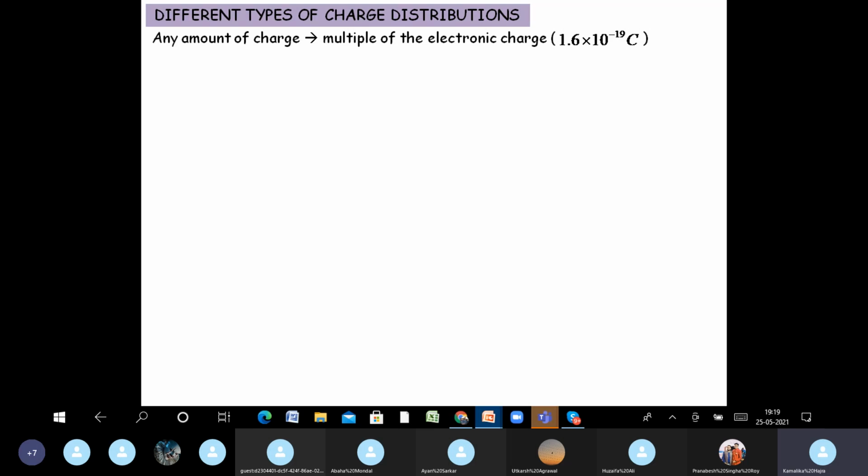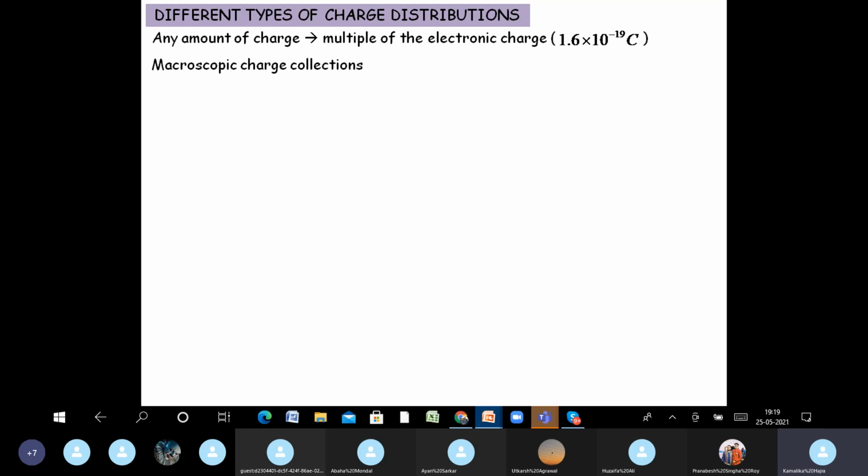So any amount of charge that we talk about will be a multiple of the electronic charge. There may be 2 electrons, 100 electrons, 1000 electrons, but the charge is always in multiples of the electronic charge.